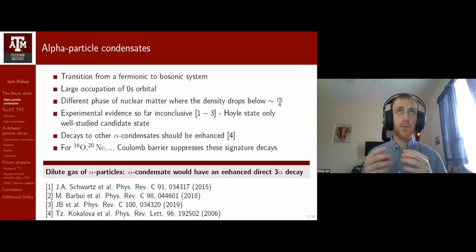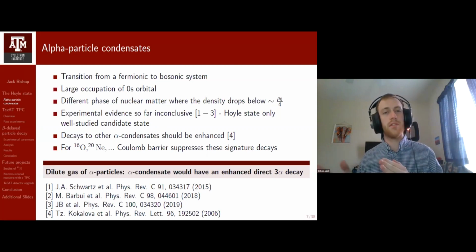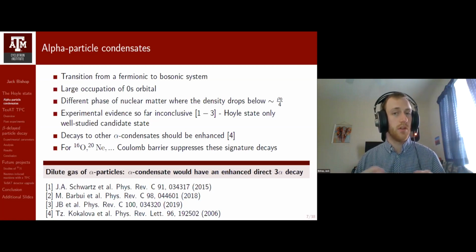To think about the intrinsic structure of this alpha particle condensate, we want to think about a transition from a fermionic to a bosonic system. So the underlying degrees of freedom are no longer the protons and neutrons, but the alpha particles inside this carbon-12 system.